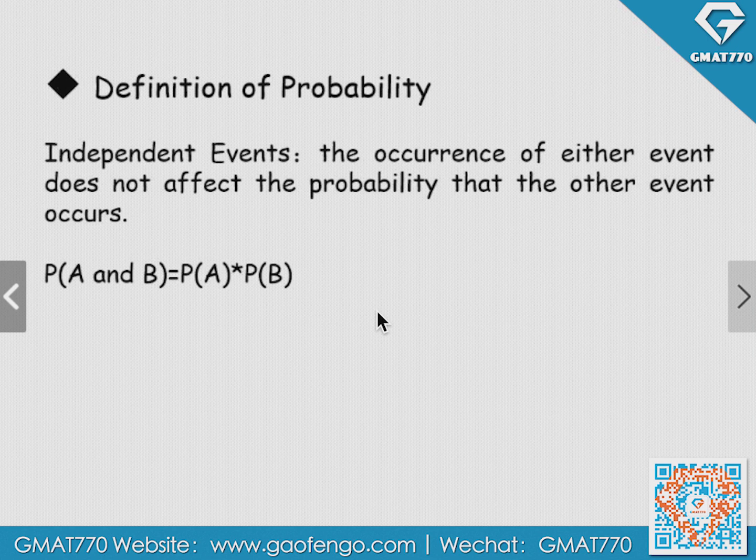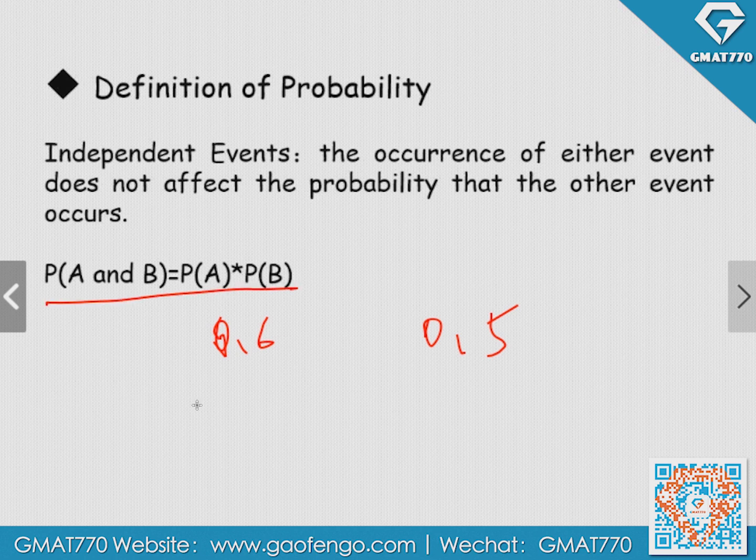And if event A and event B are independent events, the probability of A and B is equal to the probability of A multiplied by the probability of B. For example, if I tell you that events A and B are independent, and the probability of A is 0.6, and the probability of B is 0.5, what is the probability of A and B occurring together?